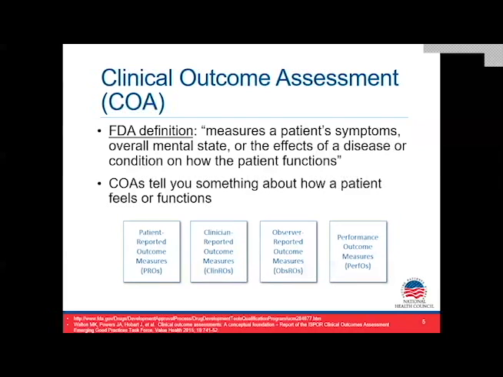And when we think about the COA umbrella, we're talking about 4 different types of measures: patient-reported outcome measures, clinician-reported outcome measures, ClinROs, observer-reported outcome measures, ObsROs, and then performance outcome measures.